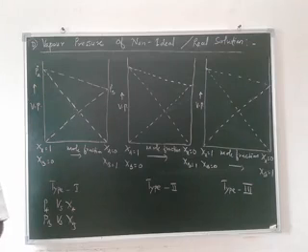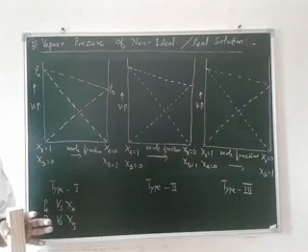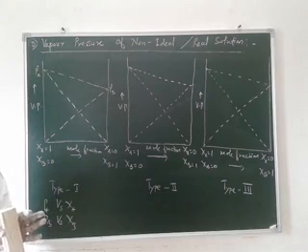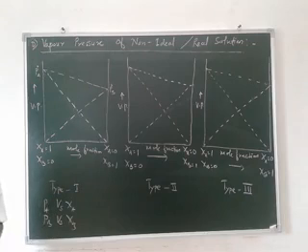All clear? Now we are going to discuss why the real solution or non-ideal solution shows positive deviation. Also we are going to discuss why the non-ideal or real solution shows negative deviation. For this we have to know the main four characteristics of ideal solution. What is the first characteristic? The intermolecular force of attraction between A and A, B and B, A and B remains the same. Second characteristic, during the formation of ideal solution, there is no evolution of heat or absorption of heat.